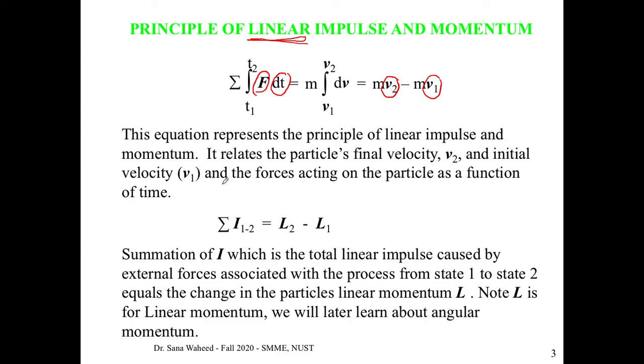Let's just write it down using the symbols that we had just introduced. So impulse represented using I. Going from T1 to T2, then it's just the summation, right? There's a summation there. The total impulses which act on the object, I1 to 2, will be equal to the change in linear momentum of the object or the particle.